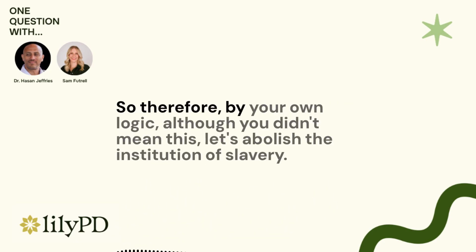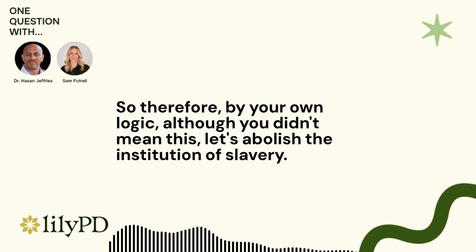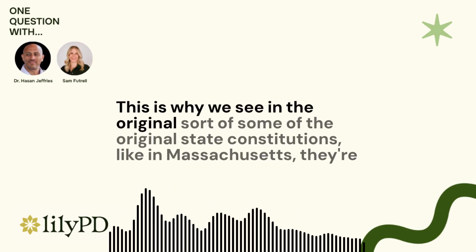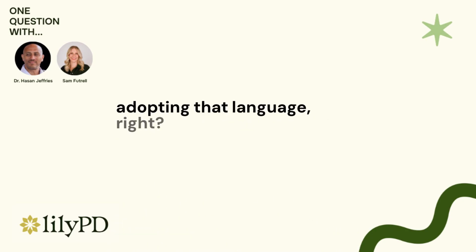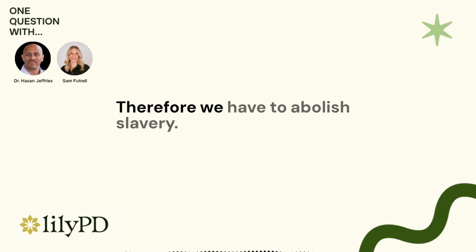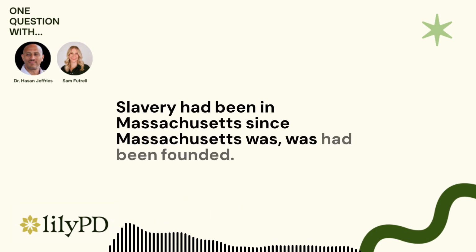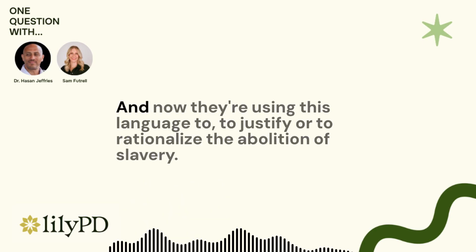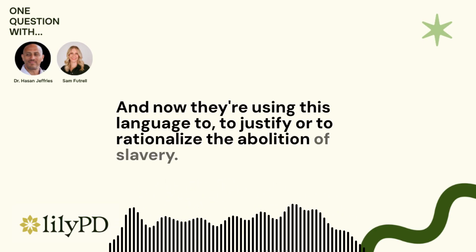So therefore, by your own logic, although you didn't mean this, let's abolish the institution of slavery. This is why we see some of the original state constitutions, like in Massachusetts, adopting that language, right? Of all men are created equal. Therefore, we have to abolish slavery. Slavery had been in Massachusetts since Massachusetts had been founded. That's 150 years. And now they're using this language to justify or to rationalize the abolition of slavery.